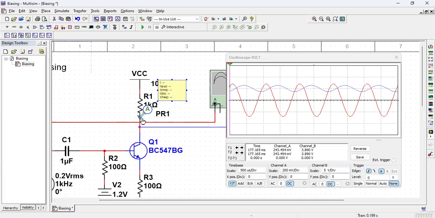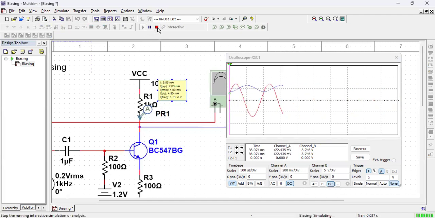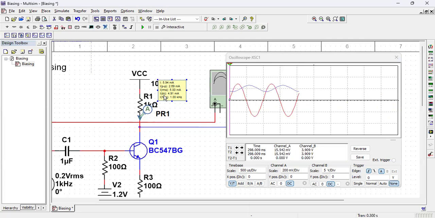This probe will measure the current through the collector, right? If I run it, current through the collector is 4.9 milliampere, right? I don't know whether you can see this, but if you do this simulation on your own laptop, you will be able to see everything. 4.9 milliampere, let's say 5 milliampere.